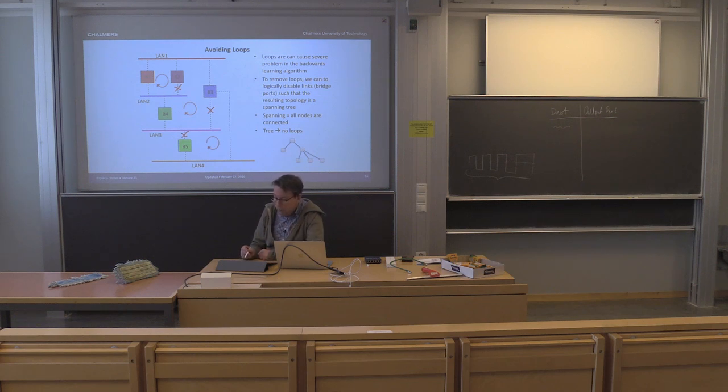So what we would like to have is to logically disable links such that the resulting topology is known as a spanning tree. Spanning means that all nodes are connected, and tree means that one can find a root LAN or a node like this, and then we can find all others by just going down in this tree structure. So a tree structure is a special type of graph. Right. You know trees, perhaps. Right. Okay. But the key thing is that if we have a tree, we don't have any loops.